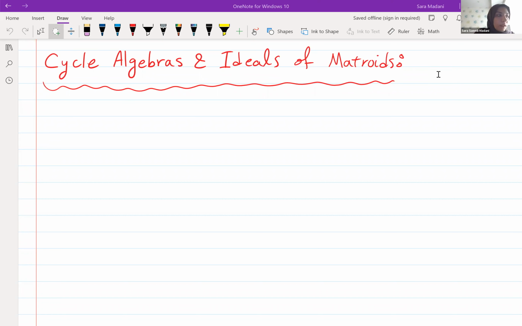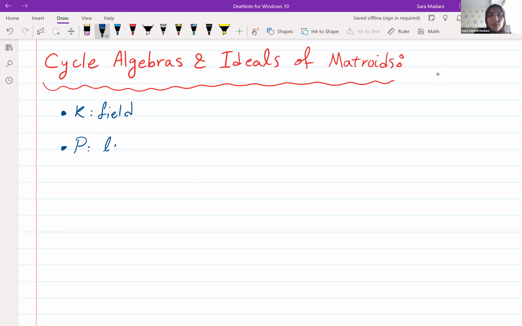So first of all, we fix a field, K. And before going to our stuff, I would like to give a more general definition of a polytopic algebra, or a special kind of toric algebra. We talked about lattice polytopes.